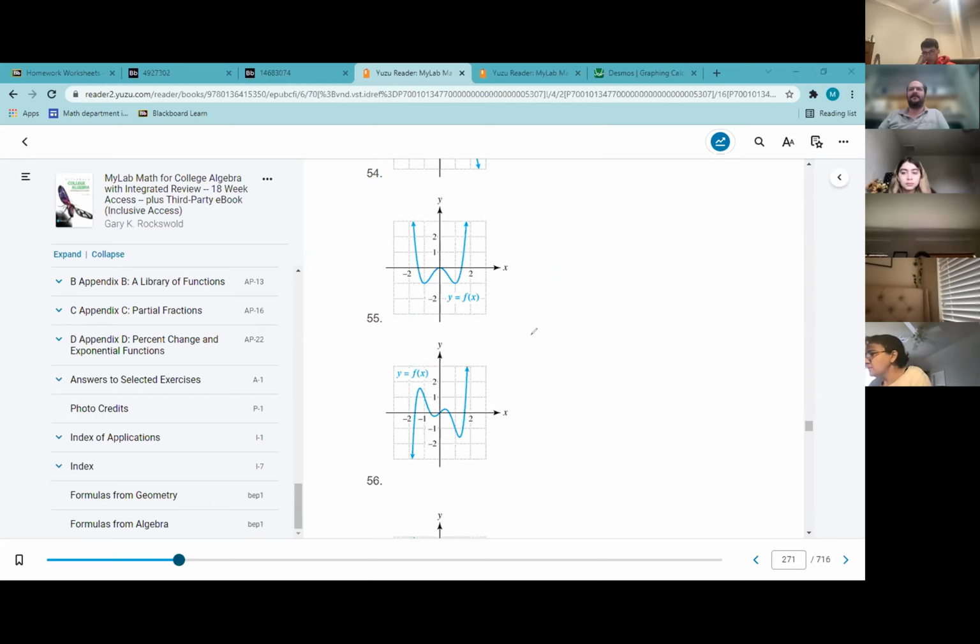So I don't know if I mentioned this, but in the Rockswold book, I believe there's 3 different ways they really like to portray things, and they call it graphically, numerically, and then the third one is symbolically. So here we're doing it graphically. If we look, let me share that other page. Click this page.